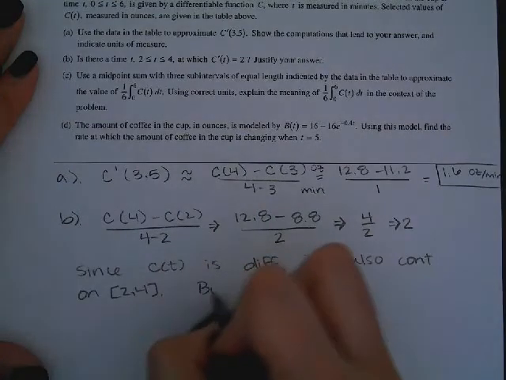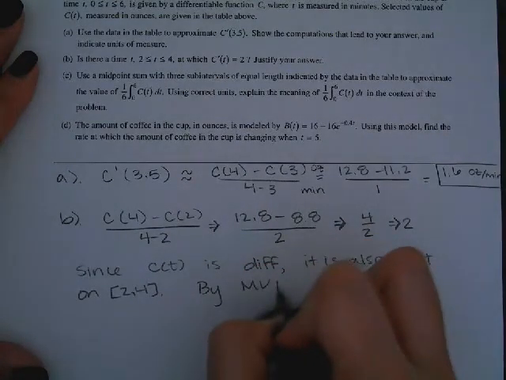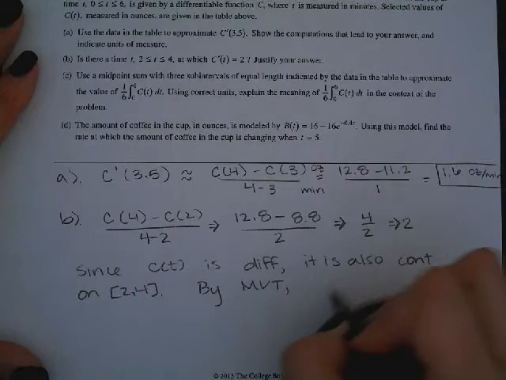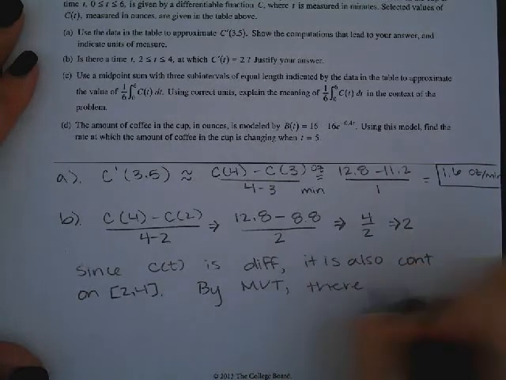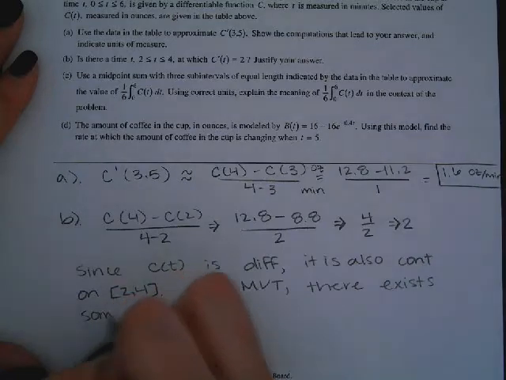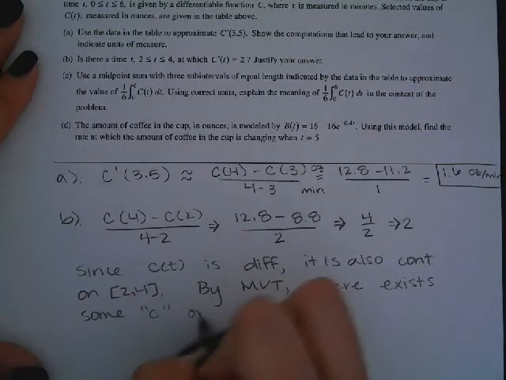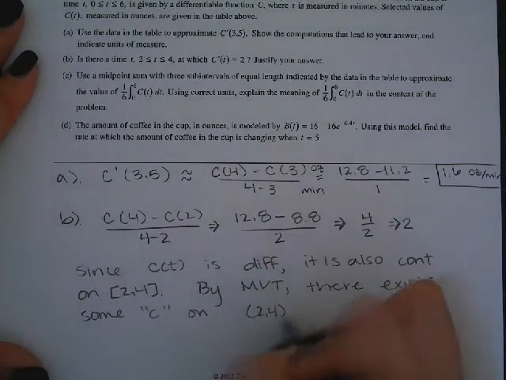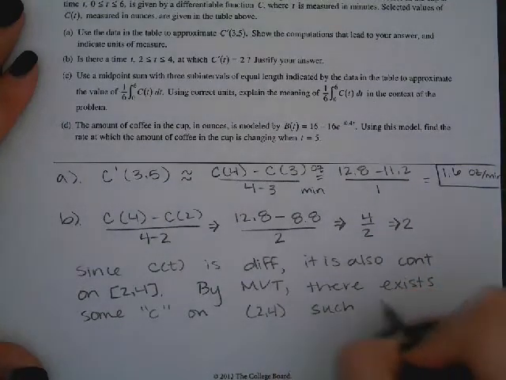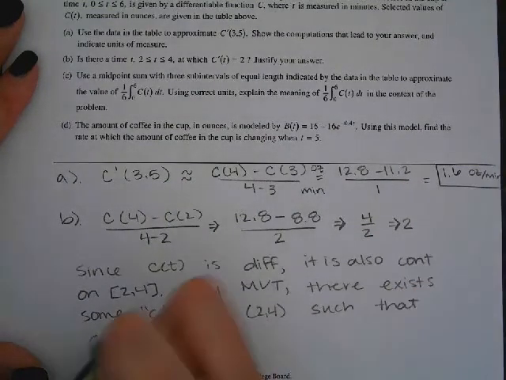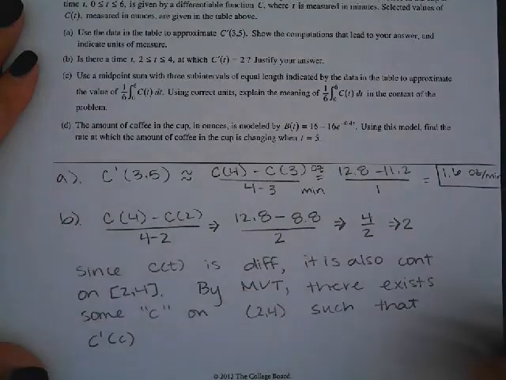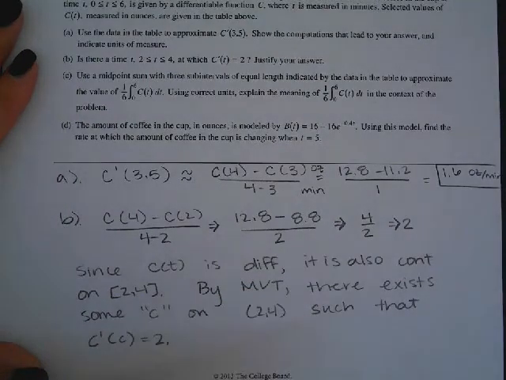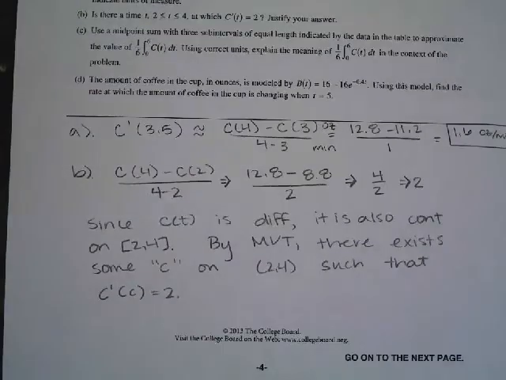And we're going to say by the mean value theorem, there exists some C on (2, 4) such that C prime of C is 2. I guess you could use a letter other than C on that one.